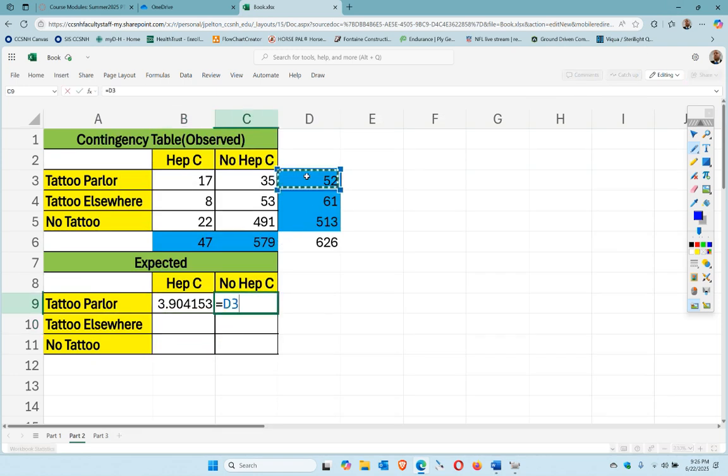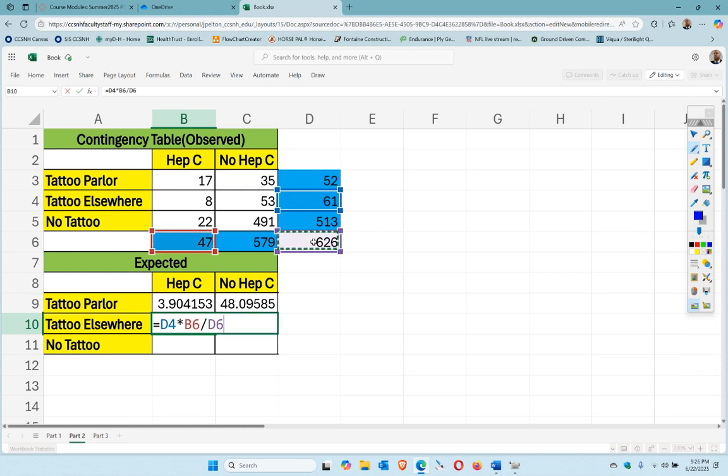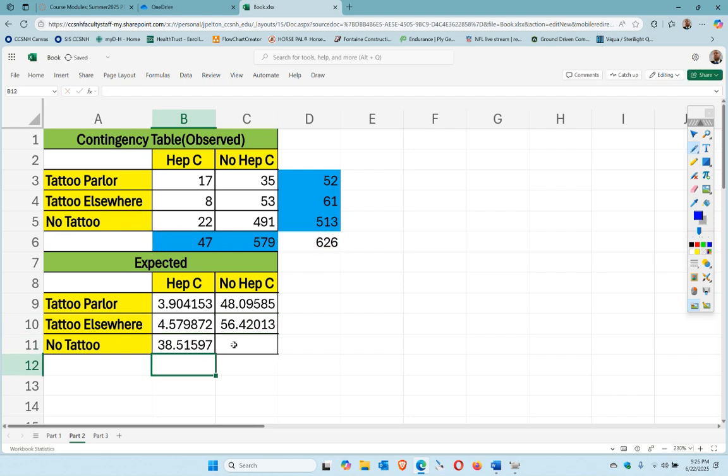Okay, so row times column divided by grand, and row times total divided by grand, and row times total divided by the grand total, and row times, oh, I got that backwards, doesn't matter though. Okay, and then row times column divided by grand total. Okay, so we should be good there.